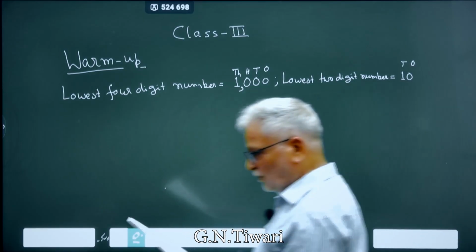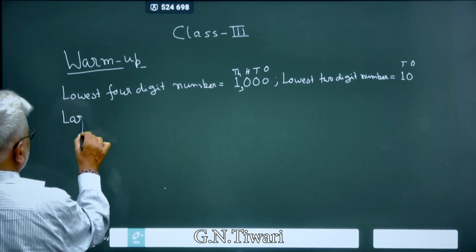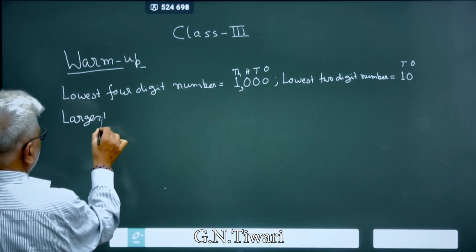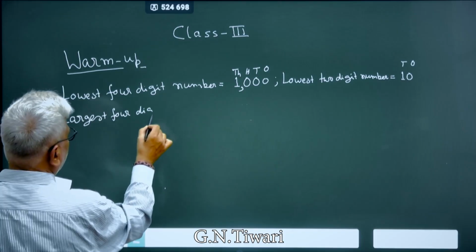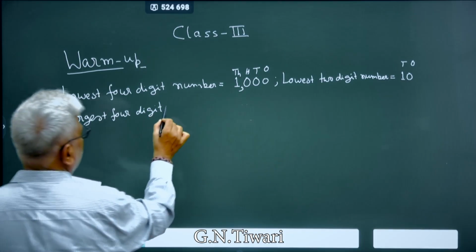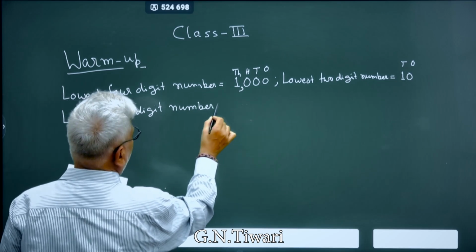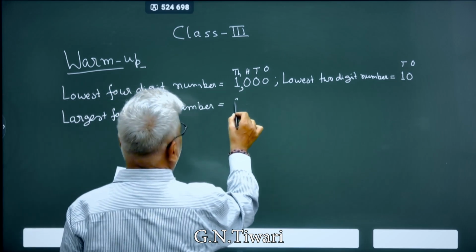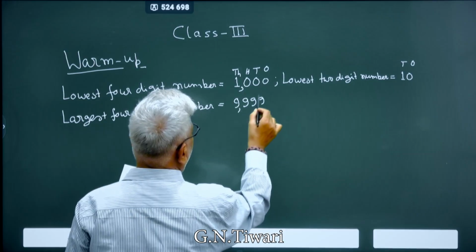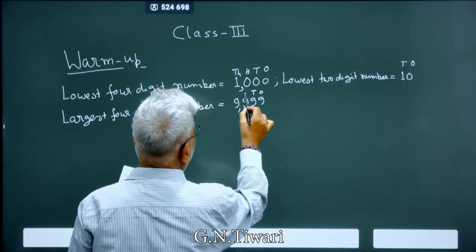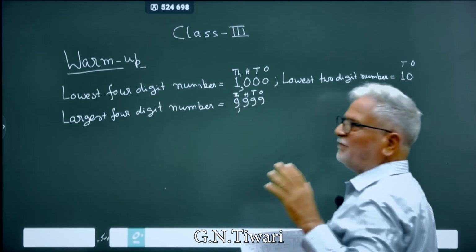But here, now the largest 4-digit number. In this case, it is very simple. Write 9 four times: 9, 9, 9, 9. To write this number is a very simple way.